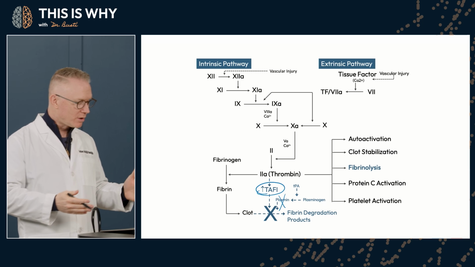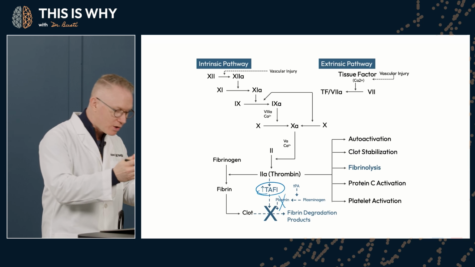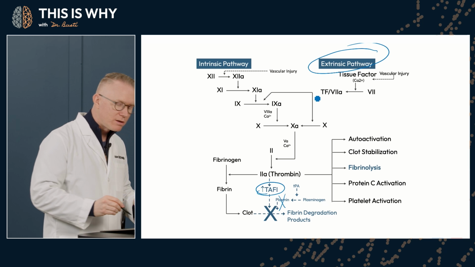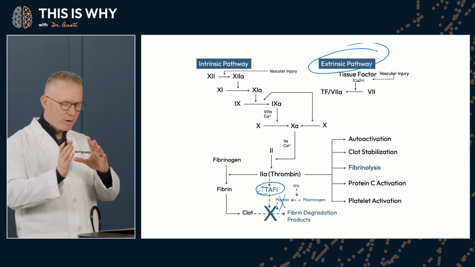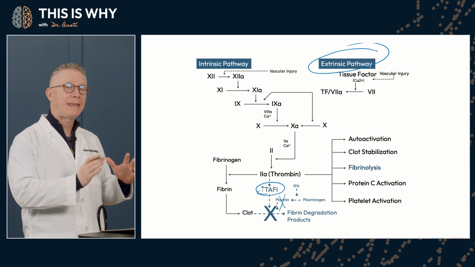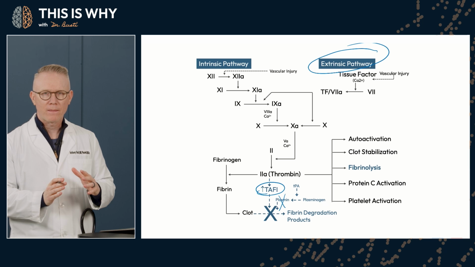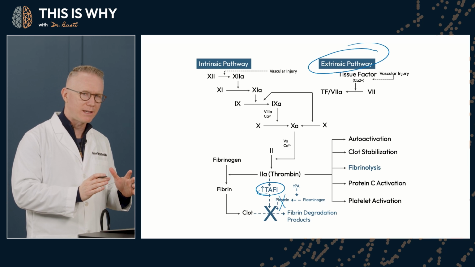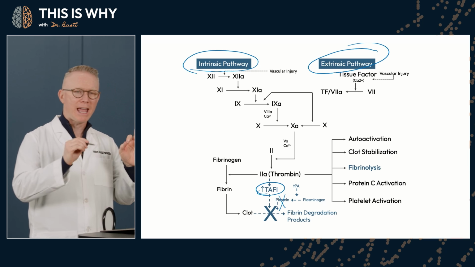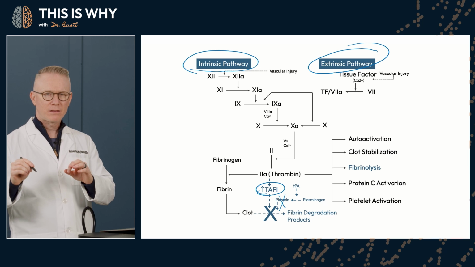Now, what other lab is influenced in here on the coagulation cascade? Well, the extrinsic pathway is predominantly measured by the PT-INR, okay, the prothrombin time, whereas the intrinsic pathway over here is the APTT. Okay?